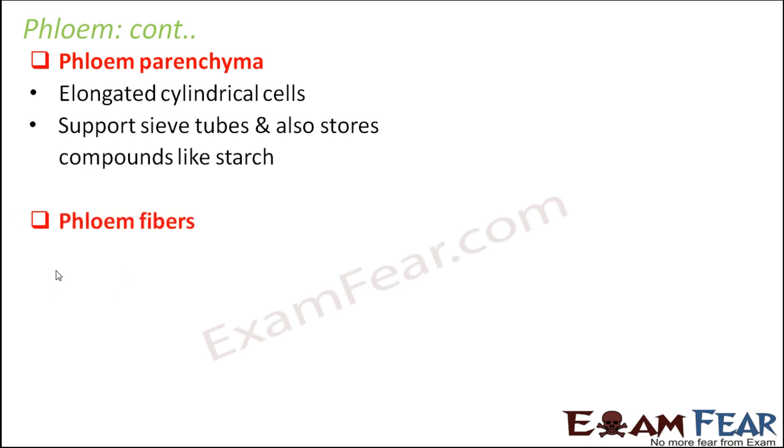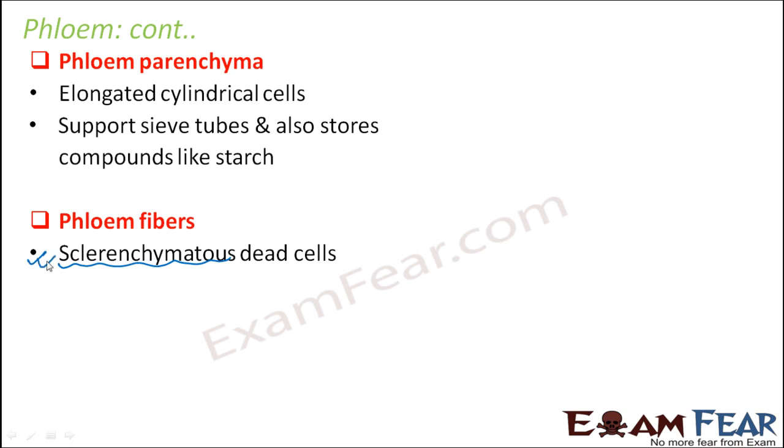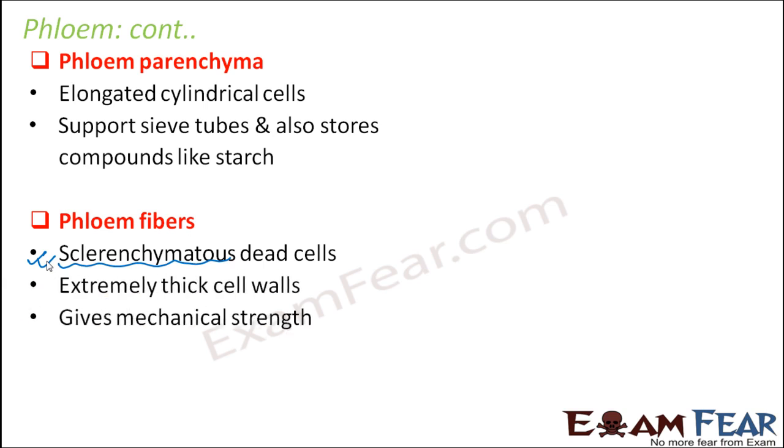And the last one is phloem fibers, which are sclerenchymatous dead cells. You remember sclerenchyma, right? Their walls are lignified and they are very tough and hard cells. They have extremely thick cell walls and they give mechanical strength. So support and strength is the only purpose that phloem fibers serve.